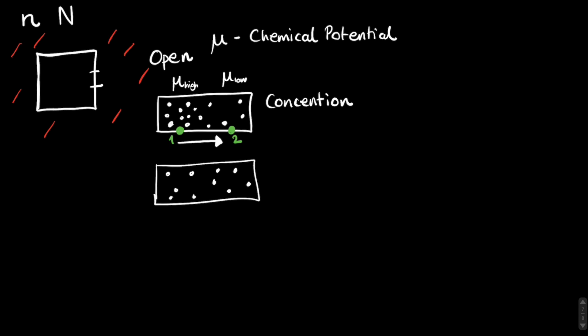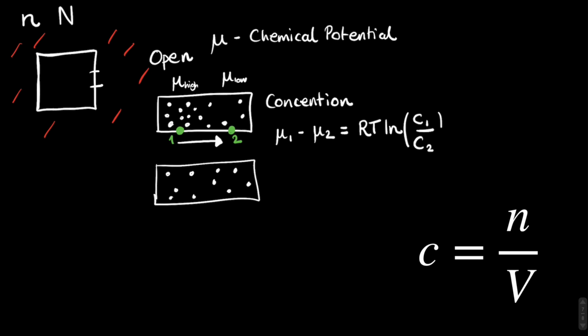So the way we write this is that mu1 minus mu2 is equal to RT times the natural log of C1 over C2. I'm going to let C be the concentration: C1 is the concentration at point 1, C2 is the concentration at point 2. And the concentration is literally the number of moles per unit volume, or equally the number of molecules per unit volume.